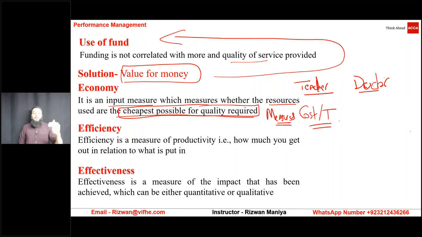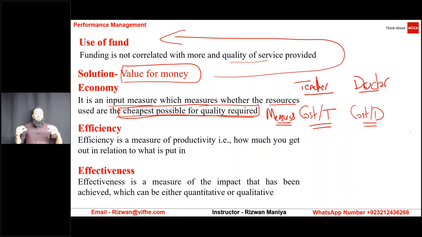This is an indicator, a KPI, which will check whether the business is economical or not. If cost per teacher is lowest, this means yes, the school is offering economy. If cost per doctor is lowest for a required quality, we would say that the hospital is using its funds in an economical way.